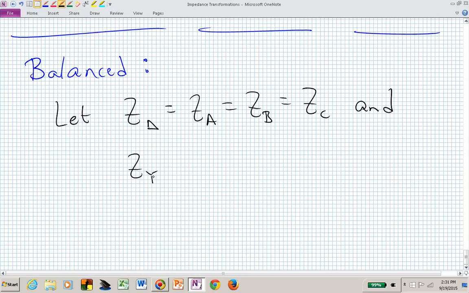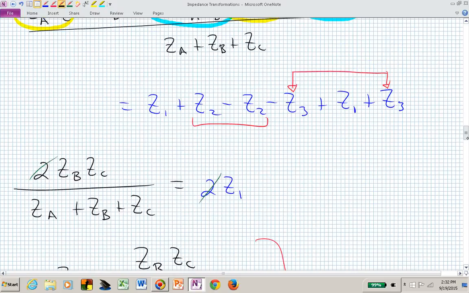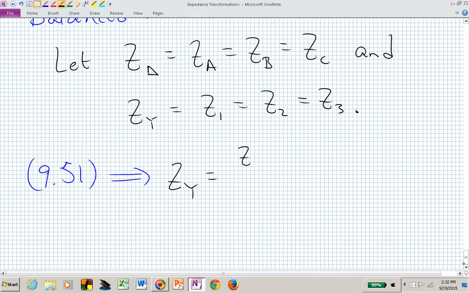And we are going to let our Y impedances be labeled as Z sub Y. If we now go back and look at what this means if we apply that balanced set of impedances to equation 951, that said that we had Z sub 1, which in our case is now just going to be called Z sub Y. That was equal to the Z sub B and Z sub C product, but those are just Z sub deltas, and then we had the sum of those 3 Z deltas.